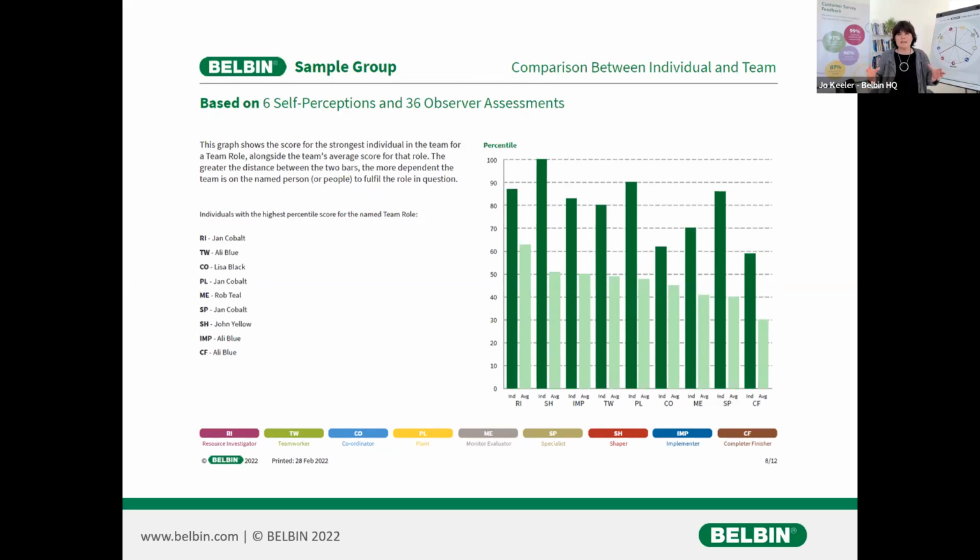We really do need that completer finisher, because Ali Blue is the person with the highest score for completer finisher. But she's also the highest for team worker, and implementer. Oh, do we want that to be the case? Do we need somebody else to join the team to take that role, because Ali Blue has already got other team roles that they can play really well?